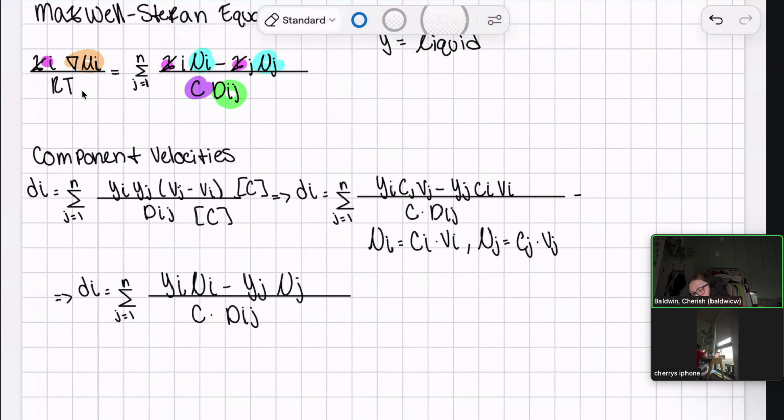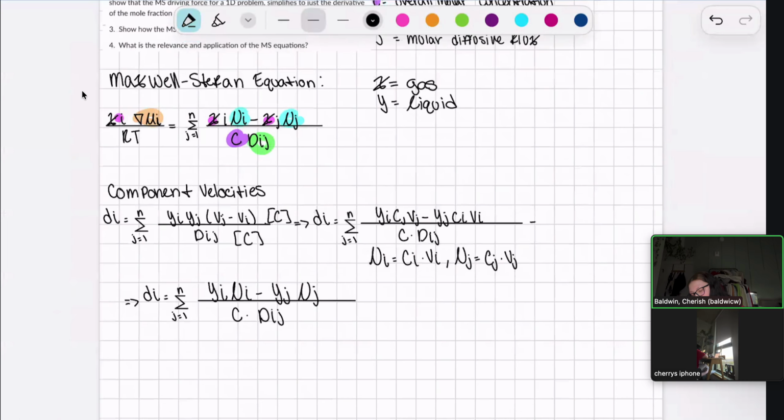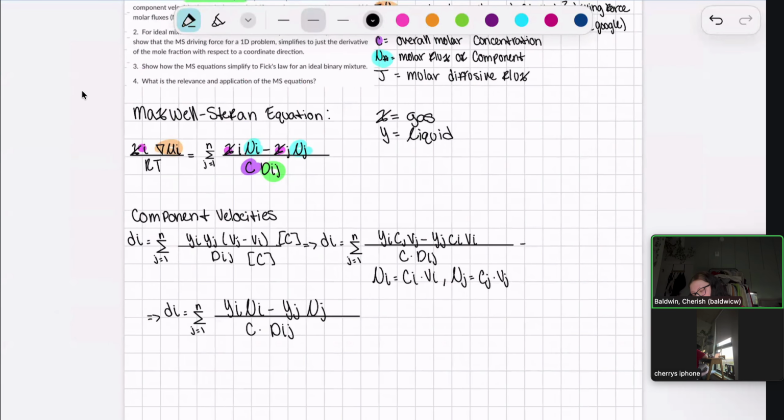And this is the Maxwell-Stefan equation in terms of molar flux.